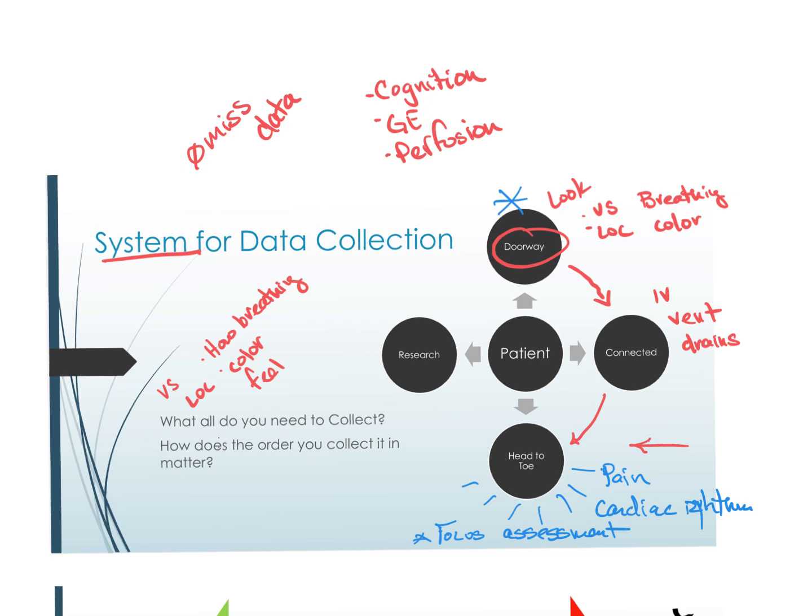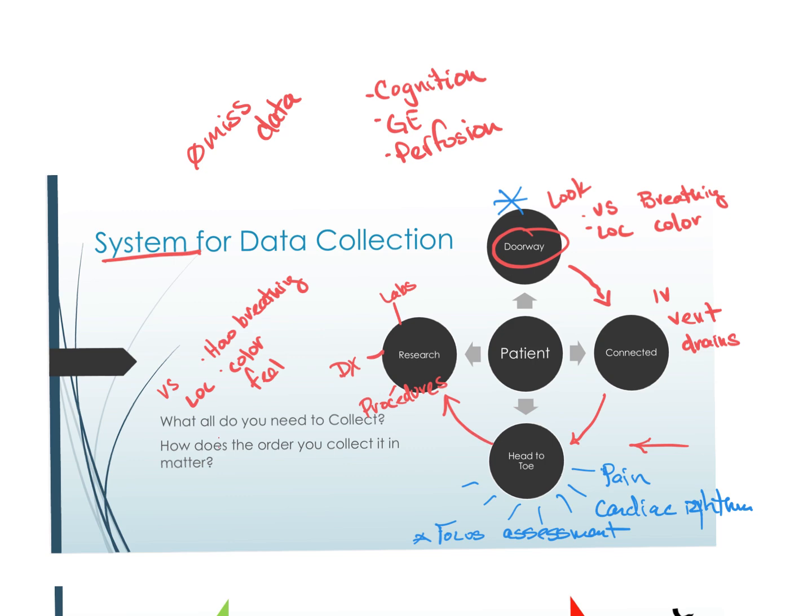Then, after you're done with all this other stuff, you may go into your research. And sometimes people put their research before even their doorway, right? You're waiting to get report from someone. To me, research is like your labs, right? Stuff that we're going to evaluate, any diagnostic tests, any procedures that are coming up, any orders that we are looking for, discharge planning, any of that stuff.